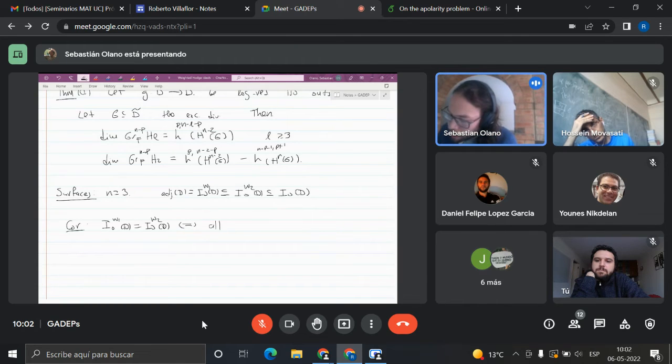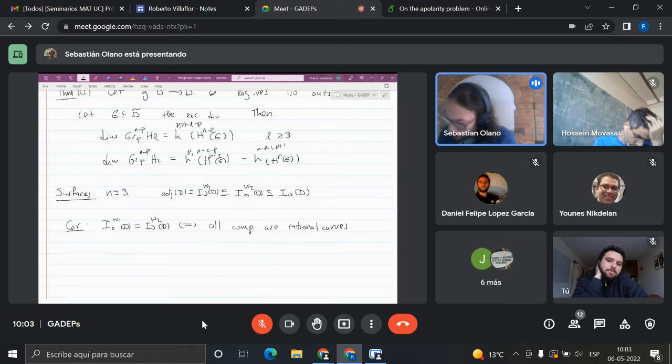all components, so n equals 3, this is a surface and the exceptional set is a curve, so it's a bunch of curves intersecting, and this is an equality if all components are rational curves. Or in other words, the contribution of the difference comes from the genus of each of the irreducible curves that appear in this simple normal crossing divisor.